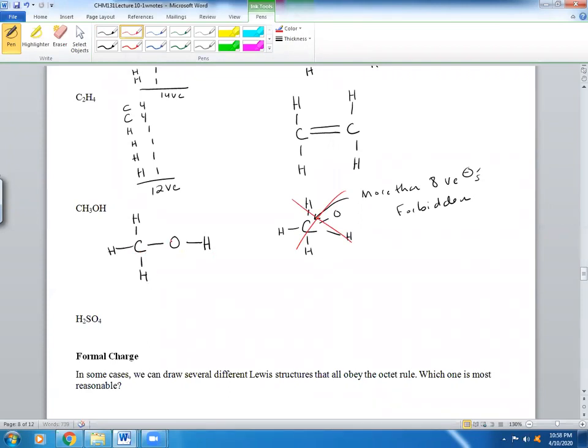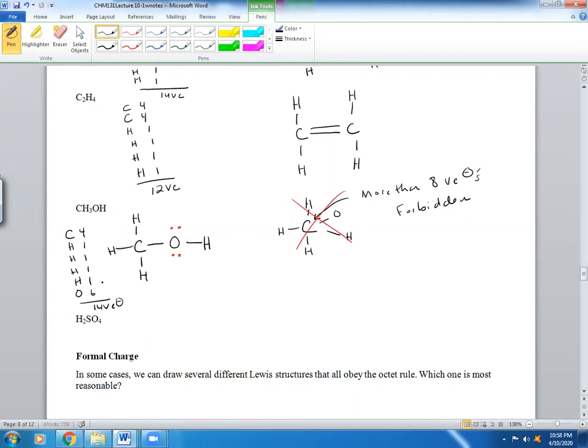Okay, so what about the O? Is the O happy? Well, let's check. You have 2, 4. So it's missing 2 more. Put them here. Okay, let's check the number of valence electrons. So you have C, you have 4 H's, and you have the O. So you have 4, 1, 1, 1, 1, and 6. This gives us 10, 14.